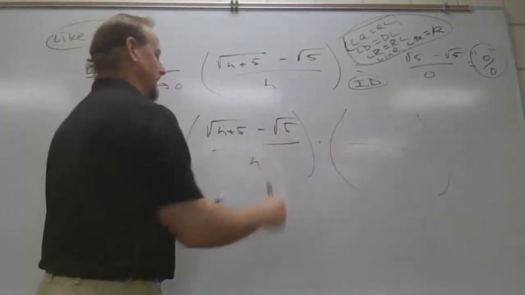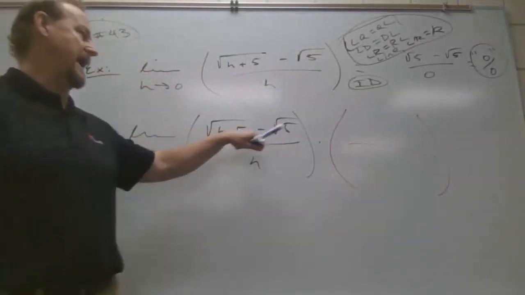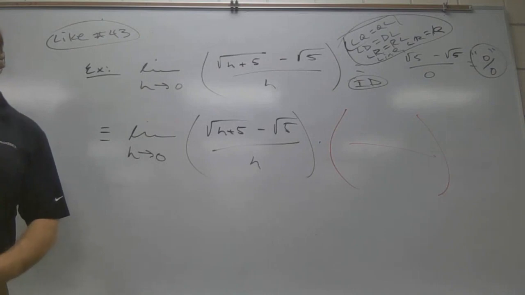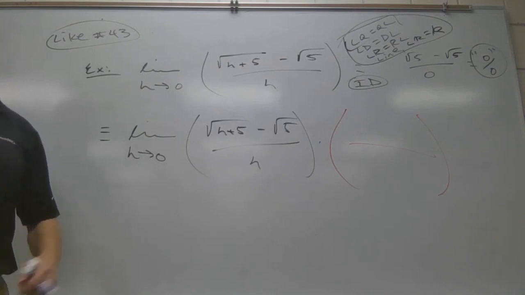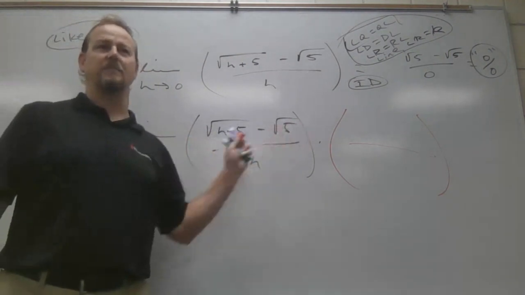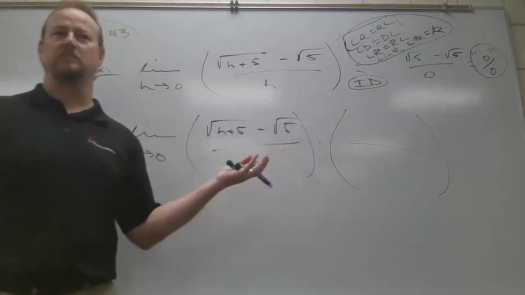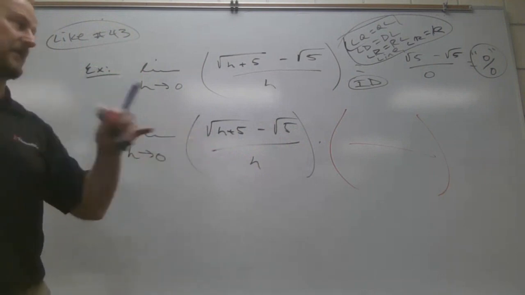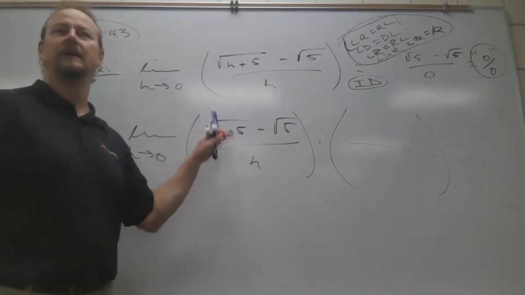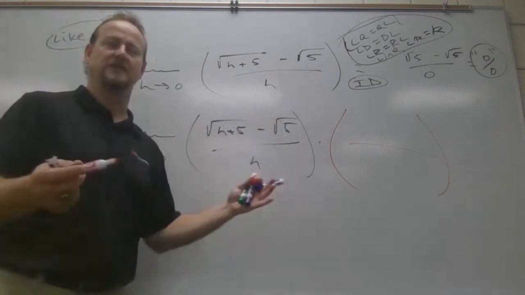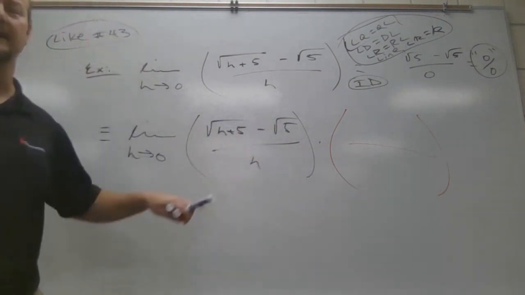Okay, so think of this as a minus b. That's a binomial, right? If you think of the top as something minus something, like a minus b or x minus y, it's not a polynomial because it's got a square root in it, but it's a binomial, a two-term expression.